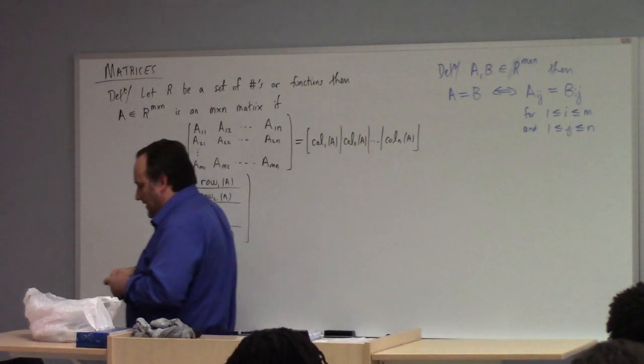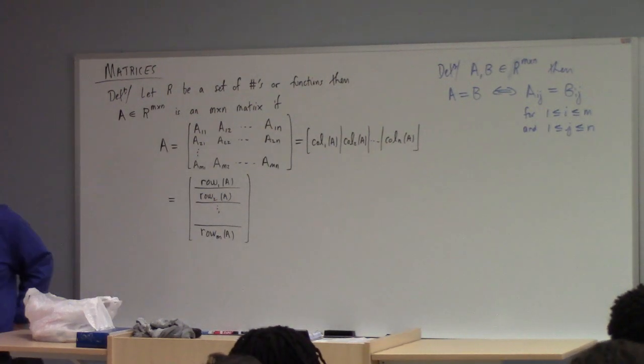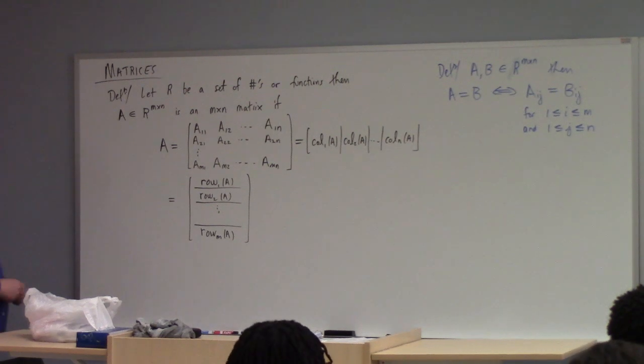So Aij is called the ijth component of the matrix. i is called the row index. j is called the column index.